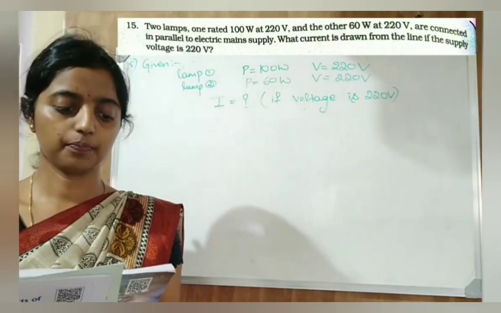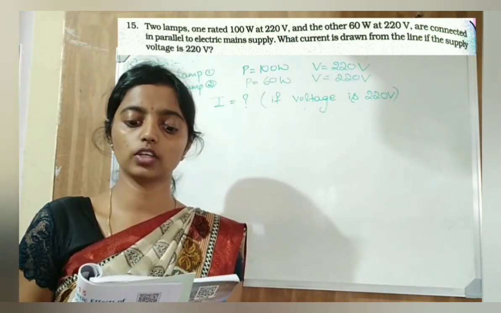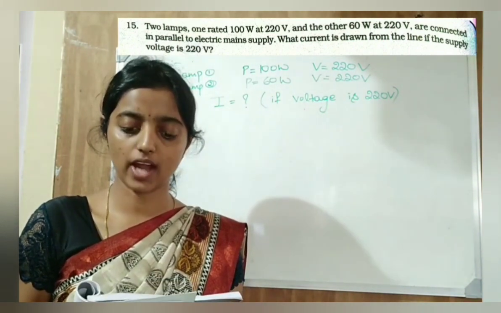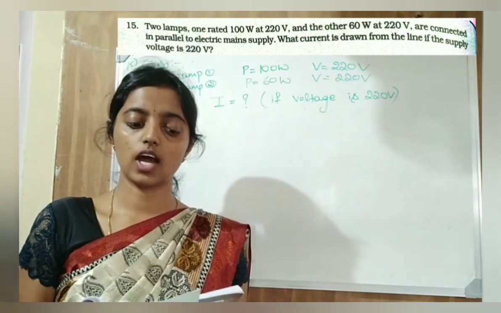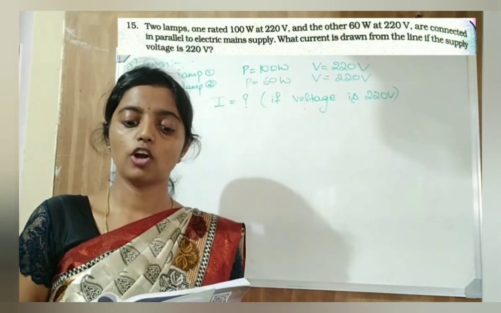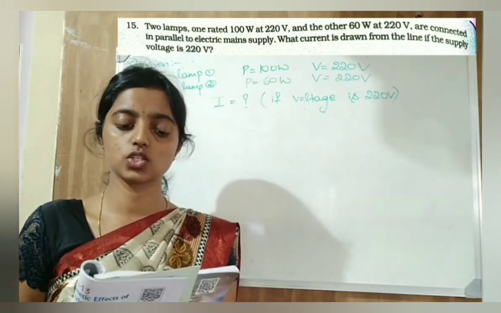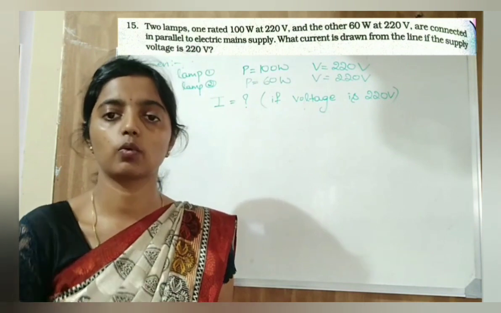15th question is, 2 lamps, one rated 100 watt at 220 volt and the other 60 watt at 220 volt, are connected in parallel to the electric main supply. What current is drawn from the line if the supply voltage is 220 volt? Read the question again.